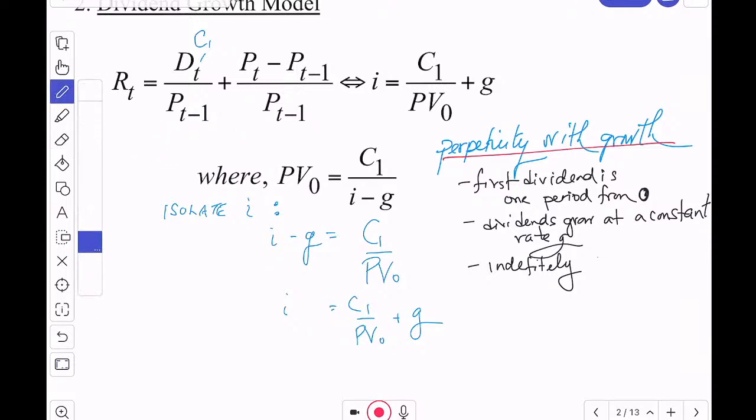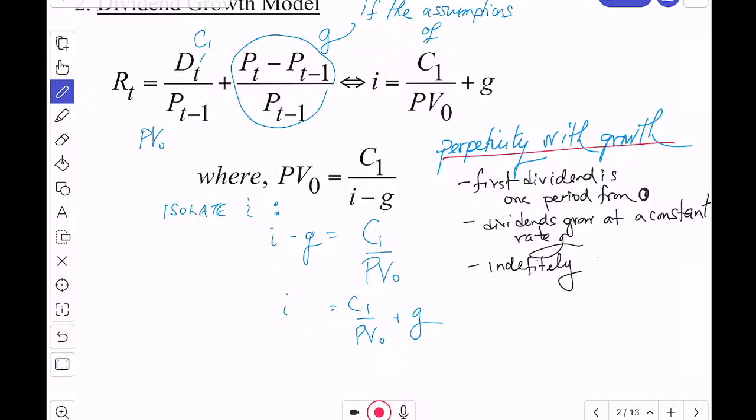Let me just say this is the price last period, and then this represents G. And that's if the assumptions of the perpetuity hold.